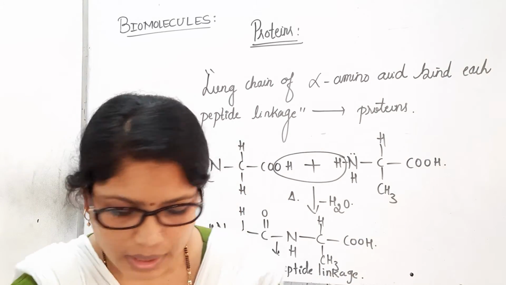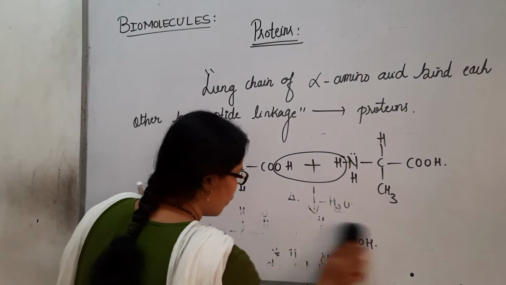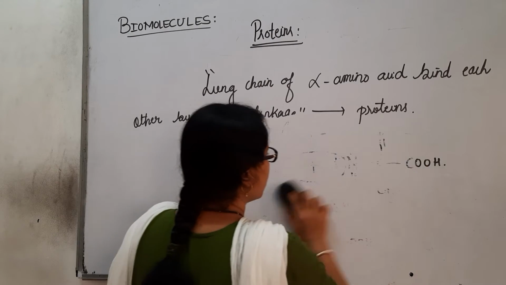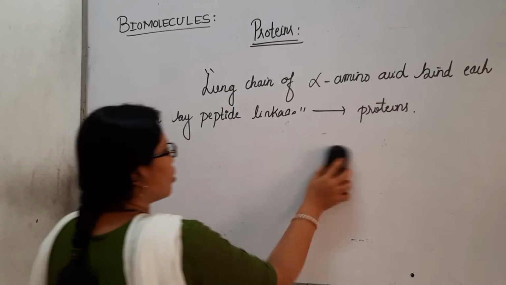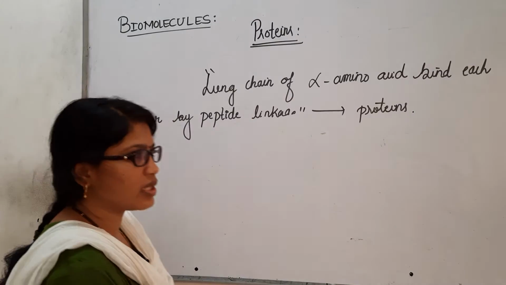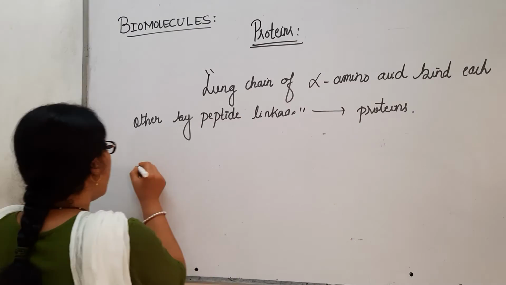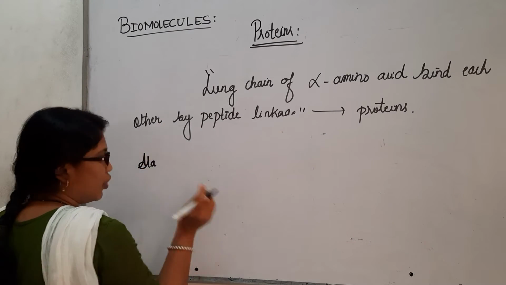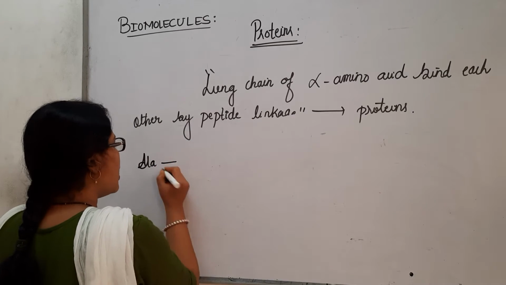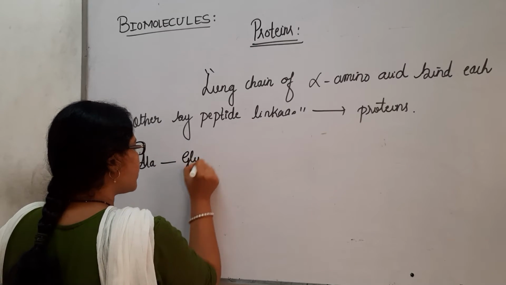Let us see how that polypeptide linkage forms. See here, I have a number of amino acids. We know all the amino acids in the structure of protein generally exist in alpha form. I will have alanine, with the NH2 group and carboxylic group present, and I will have glycine.